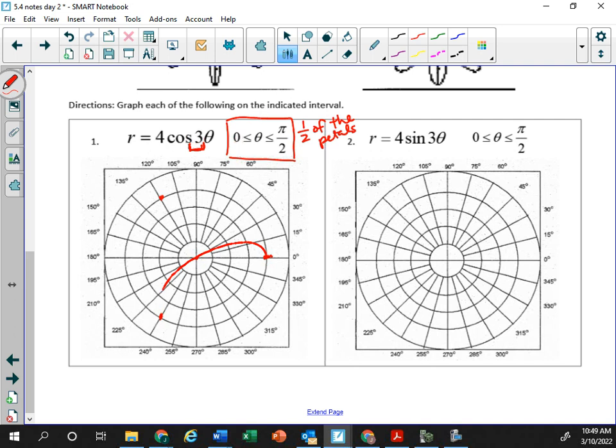Come out here. That is your graph. Yeah, we got it? Okay. So odd versus even petals, slightly different rules for you there. You figured that out. Where to start? Okay, so values? What's the cosine of 0?